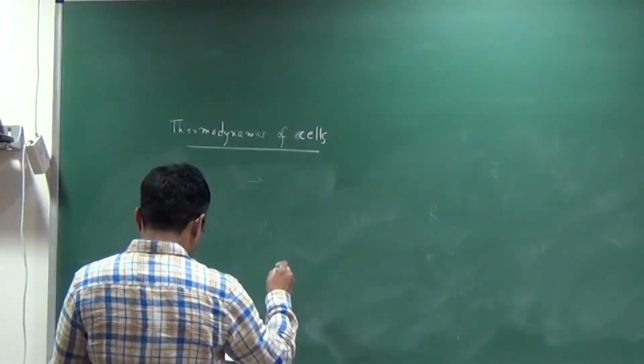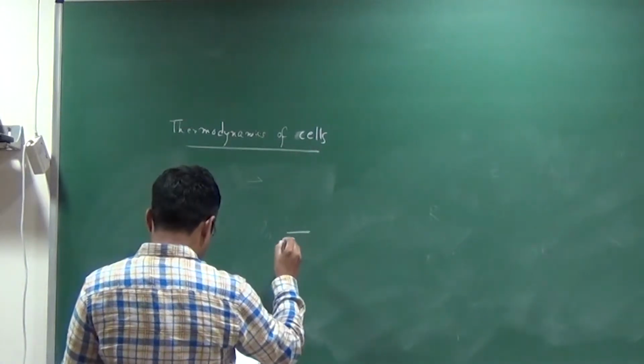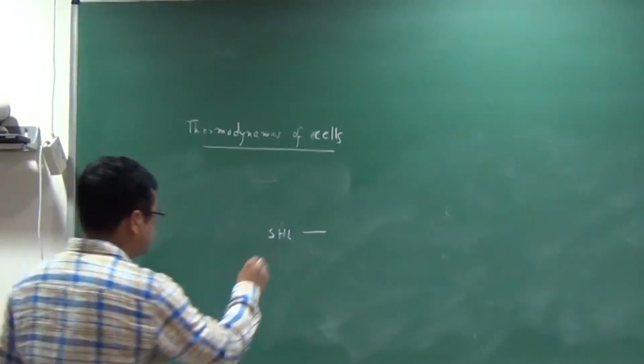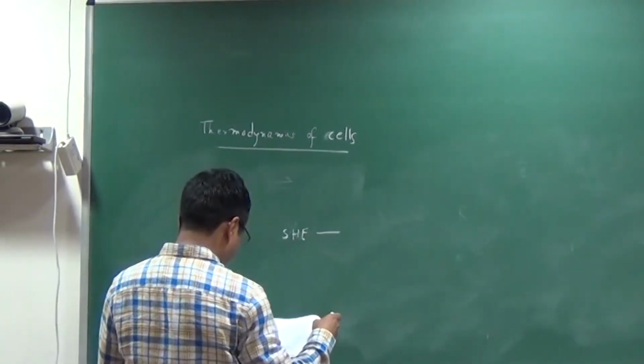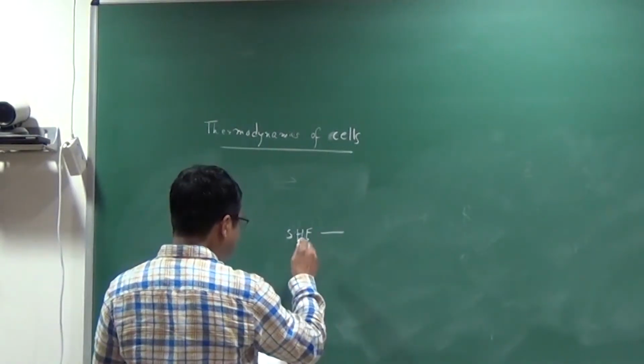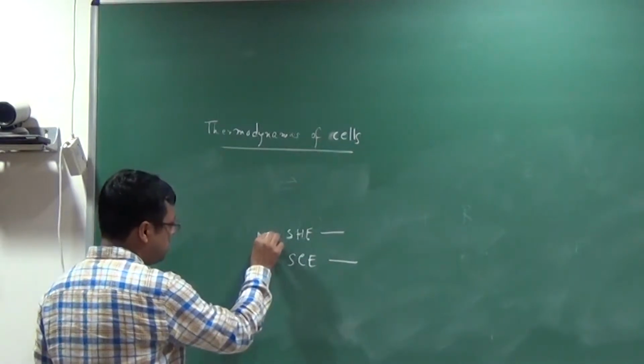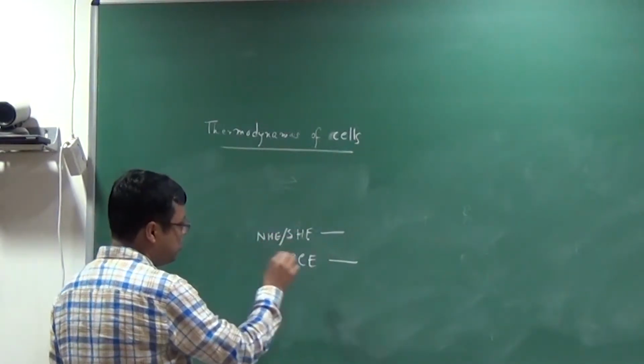I have a few examples. Let us start with the standard hydrogen electrode, which some people write as NHE, normal hydrogen electrode.